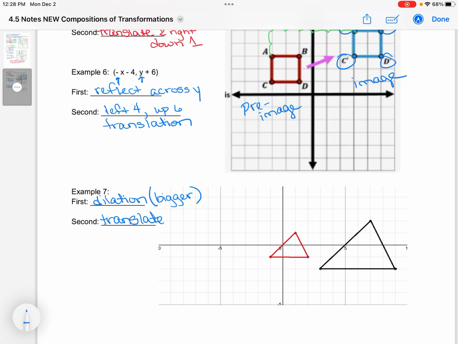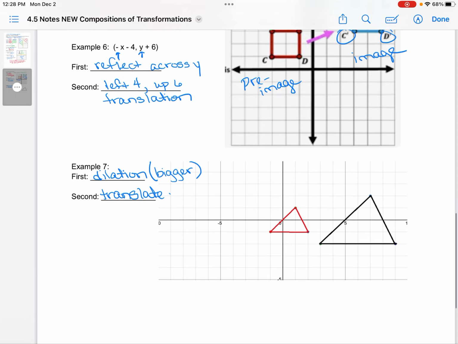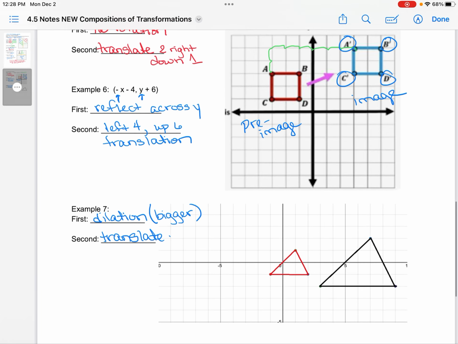And we're not going to worry about how much the dilation was or how far it translated, because we're going to talk about that next lesson. And there is a dilation thing, and everything gets bigger at the same proportion. Remember when we talked about similar triangles, everything you make is similar. It's just going to get bigger everywhere the same amount.